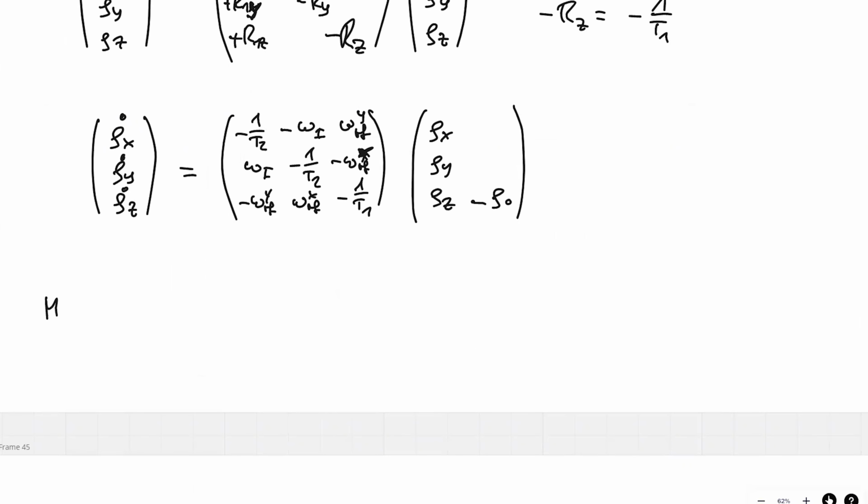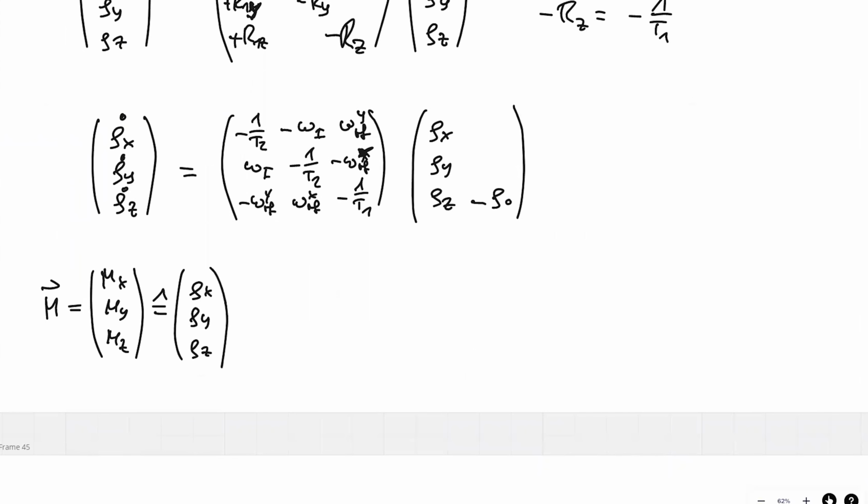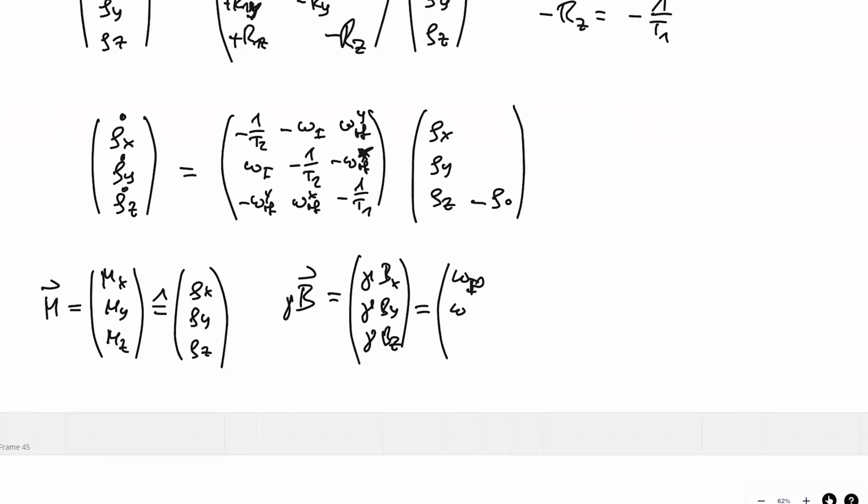If you say now magnetization would be mx, my, mz, and that corresponds to rho x, rho y, rho z. When we say gamma times b is just gamma bx, gamma by, gamma bz, and that is omega I, omega RF x, omega RF y, omega I.